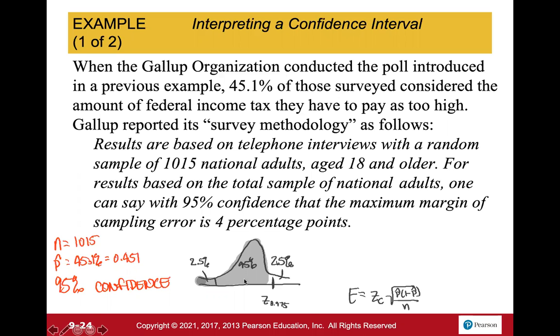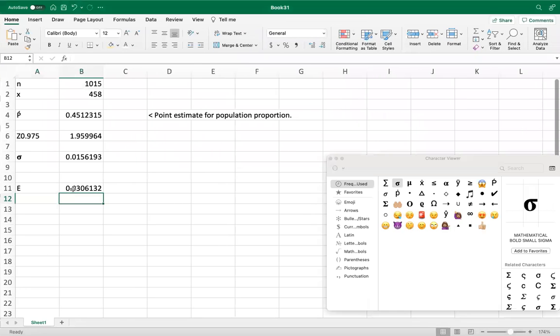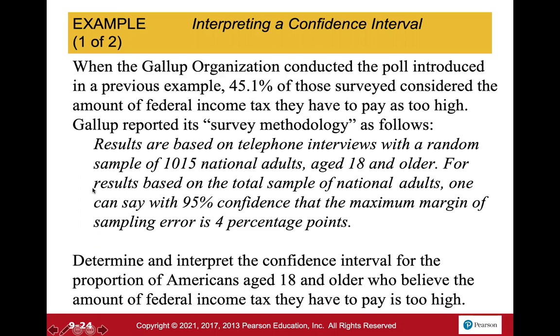Theirs was a little bit off, but going off of what they said, just using those 4 percentage points, I'm guessing that they just added an extra percentage point, because this is what they should have put. So the margin of error here was just this, and we'll see if it's still the same thing.